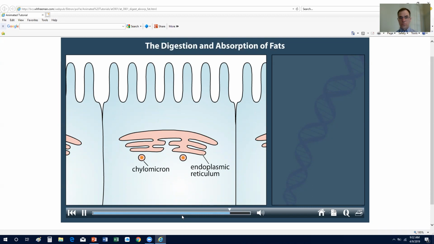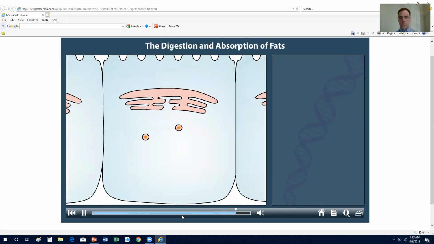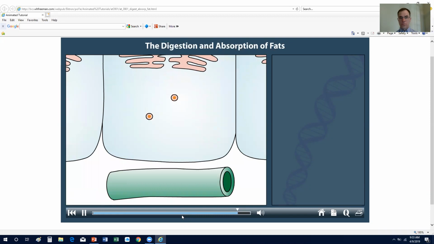The protein coat serves to make the chylomicrons water-soluble and to facilitate exocytosis. Chylomicrons serve as a shuttle to transport lipids through the body. The chylomicrons leave the mucosal cells via exocytosis and enter lymphatic vessels in the submucosa. From here, they're transported to the thoracic duct where they enter the bloodstream.